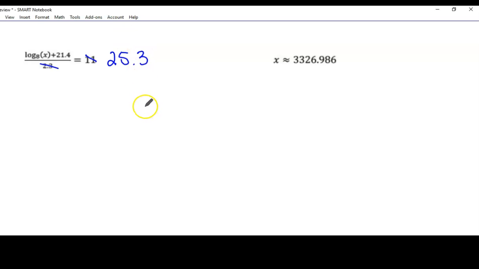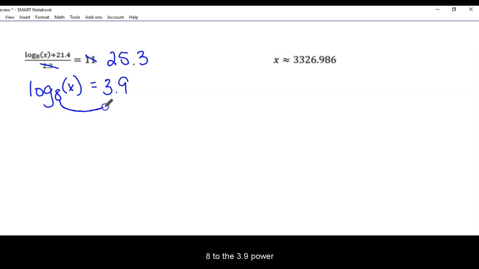And then I need to subtract 21.4. And when I do that, this is isolated, and that's going to be 3.9. So 8 to the 3.9 power equals x.